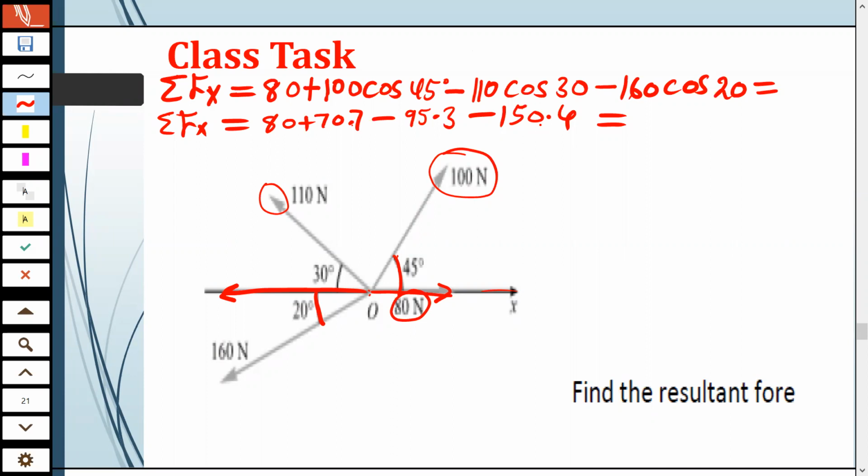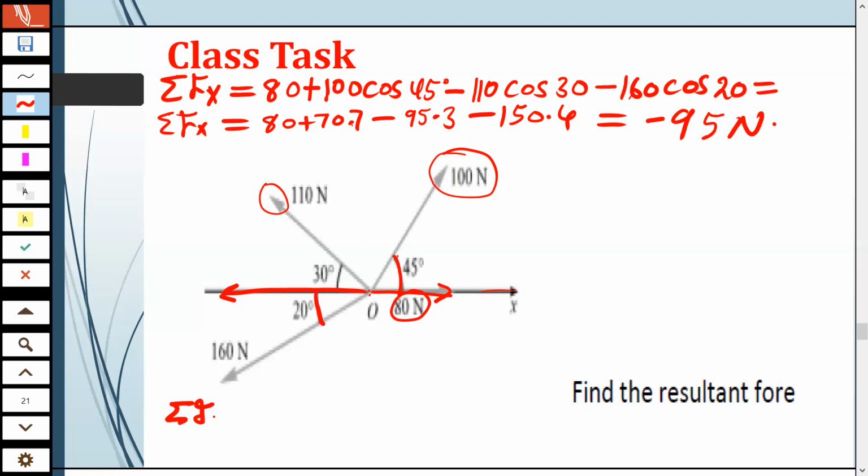So I'm saying 8 plus 70.7 minus 95.3 minus 150.4. Okay, this has given me negative 167 newtons.